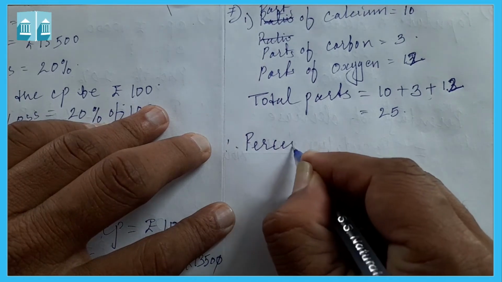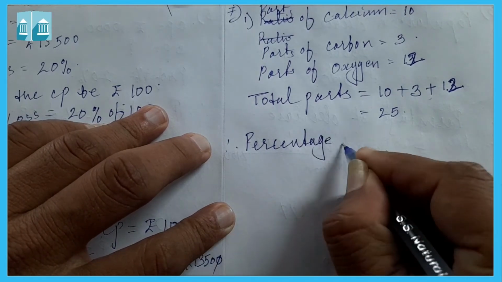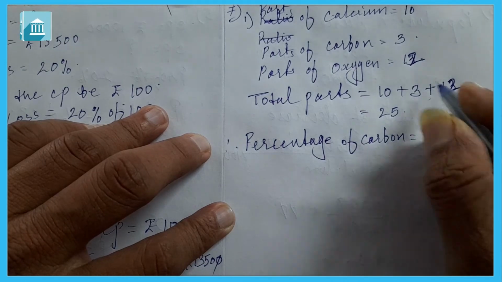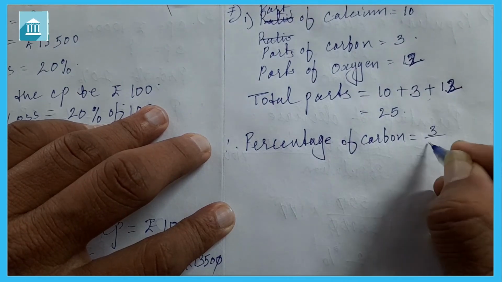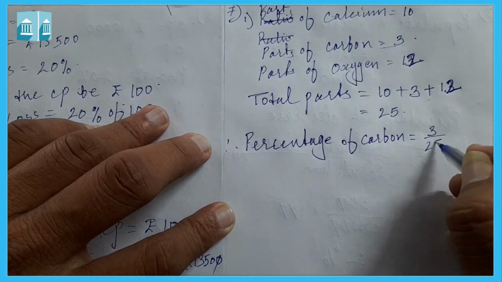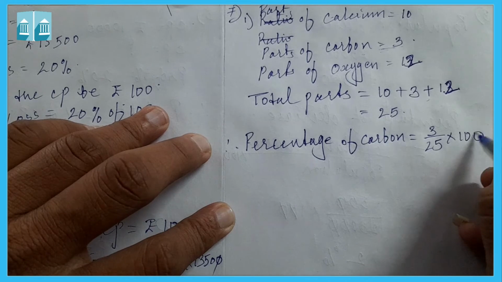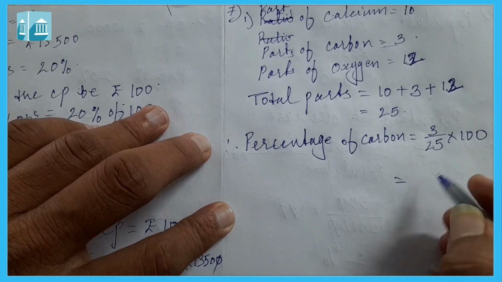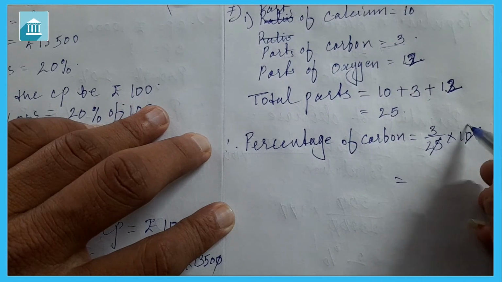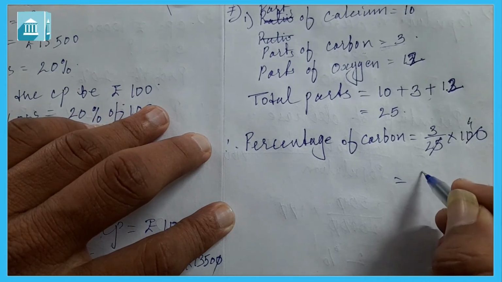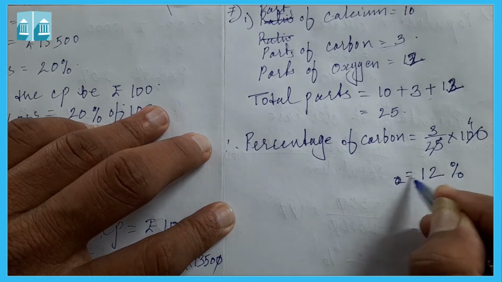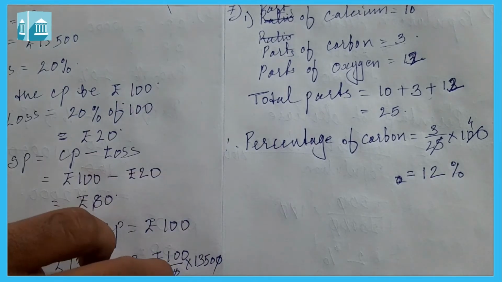Therefore, percentage of carbon is equal to 3 upon 25 into 100, that is equal to 12%. So percentage of carbon is equal to 12%.